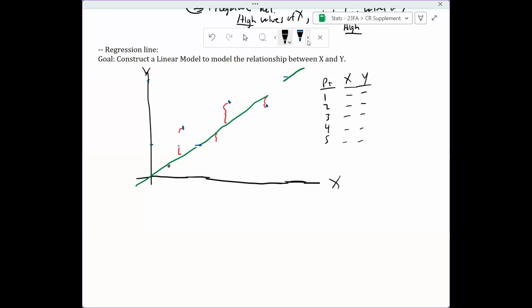Let me just draw this back in a little bit here. Got a little carried away with my extra drawing on the chart here. Okay, so I had this blue point, that one. Yeah, I think I had those 5.